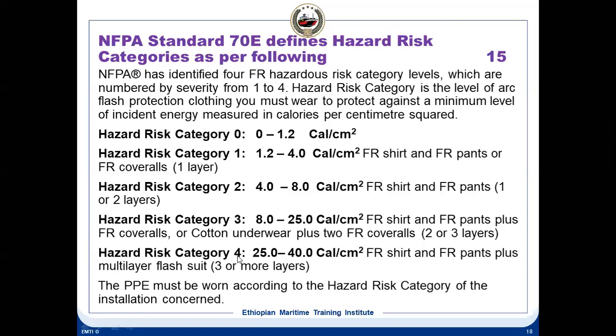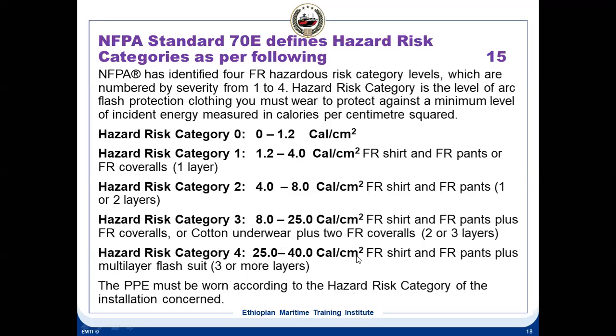So you see here, your category 4 energy is 40 calorie per centimeter square. So you need to have a particular type of PPE, or a different type of arc suit, which can absorb 40 calorie per centimeter square energy. Okay, so 1 Celsius heat unit is around 453.89 calories.